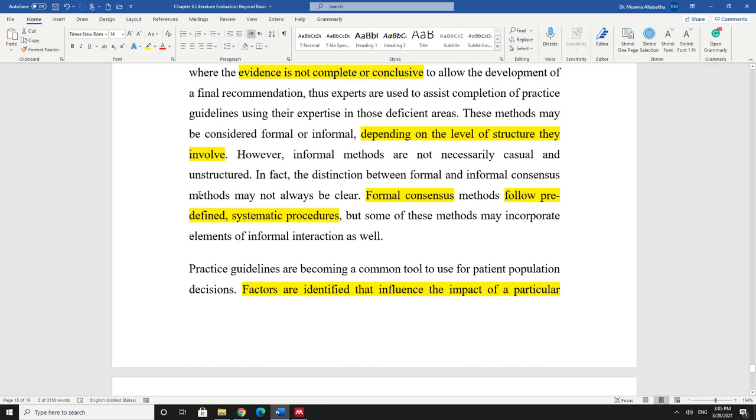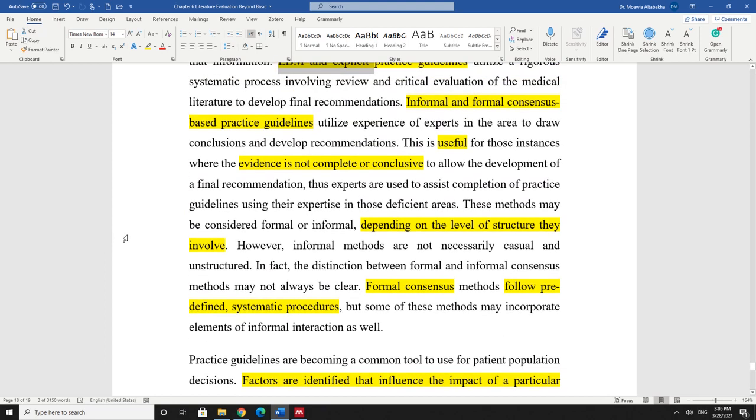The strength of the guidelines actually comes from where it comes from, as I said: what is its type, where it comes from, and how is the dissemination of the guidelines.